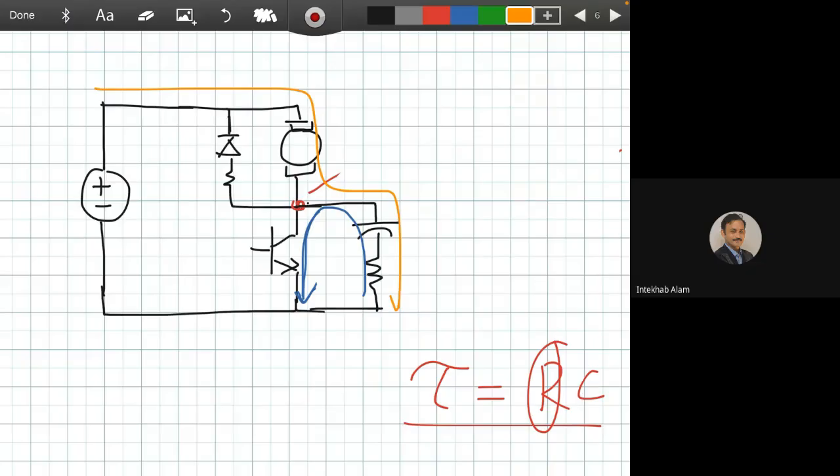So the current, because we define I as Q divided by T, if this T is increased, then the I is decreased.